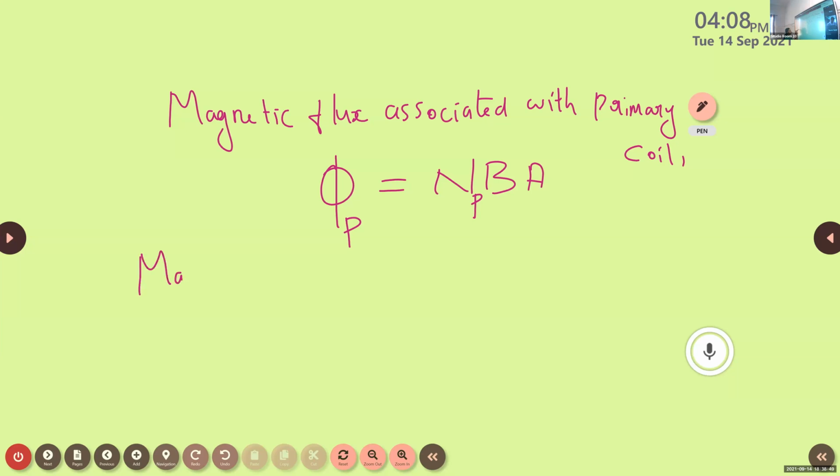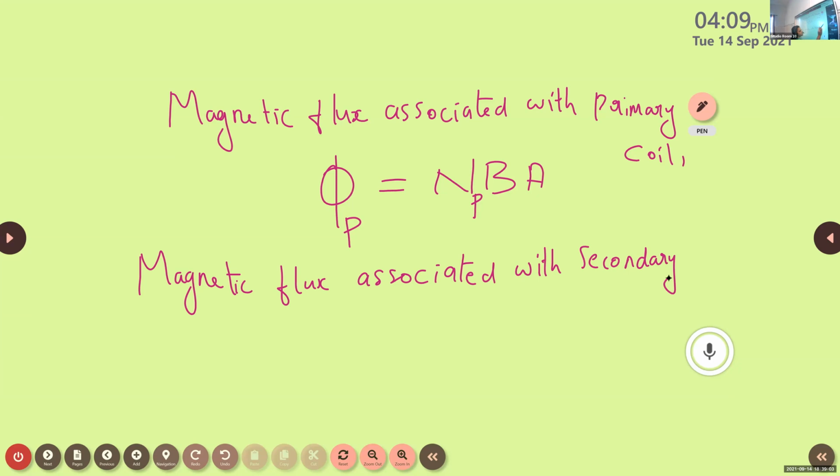Similarly, the magnetic flux associated with the secondary coil is given by... can you form an equation for the secondary coil? NSBA.